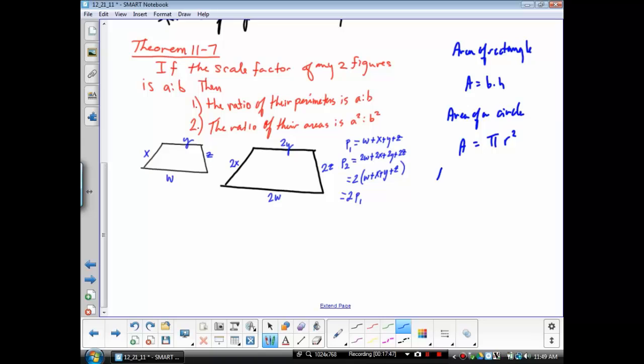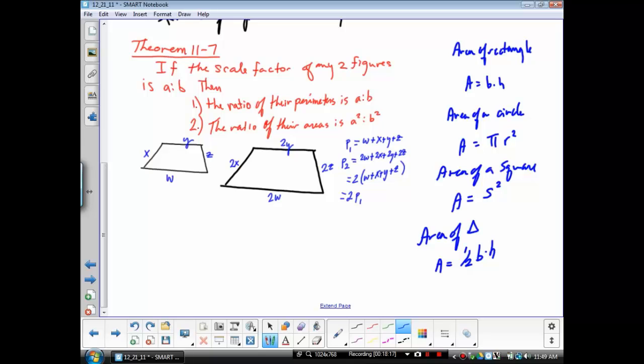Area of a square is side length times itself, side length squared. Area of a triangle is one half base times height. Because you always have to multiply 2 dimensions, you're always going to have that scale factor in there twice.